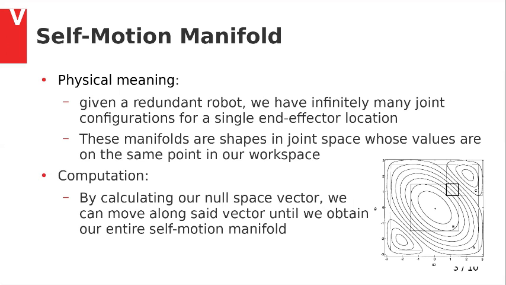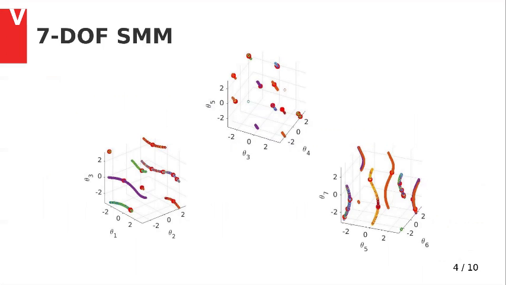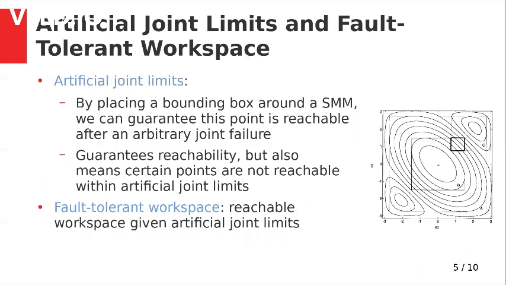When we calculate this, we find our null space vector, we move along this vector, and we keep this stepping and updating process where we step along the null space vector and then update and find a new null space vector.